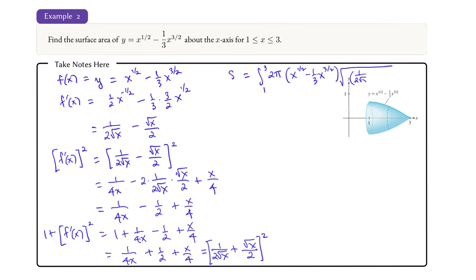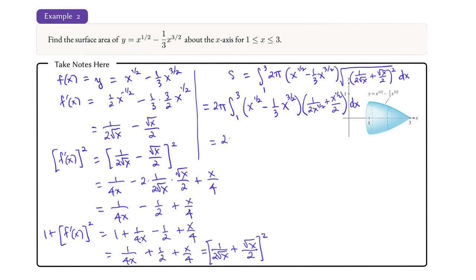And the arc length differential is the square root of 1 plus f prime of x squared, which we found is 1 over 2 root x plus root x over 2. The square root of the square canceled out. We end up with the integral from 1 to 3, 2 pi, x to the 1/2 minus 1/3 x to the 3/2 times 1 over 2 root x plus root x over 2 dx.